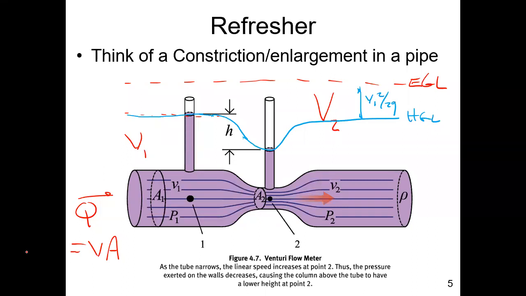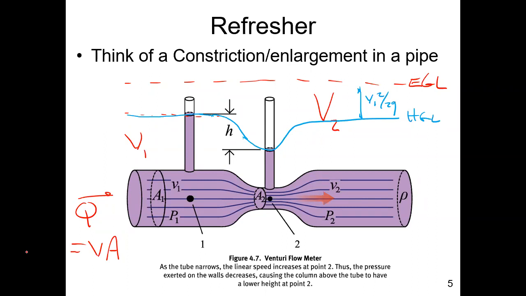What I want you to focus on is the streamlines themselves, and the spacing between the streamlines. When we're in a large cross section, the streamlines over here are nice and parallel, but they're farther apart than when the streamlines are close together. You see that, right? And wherever we can draw a path line, we can write an energy balance.